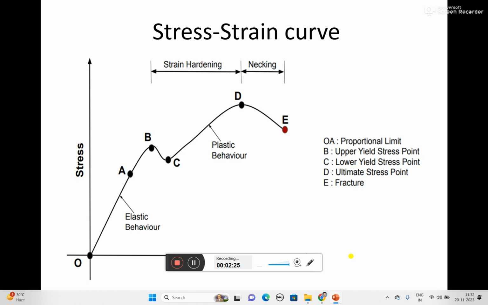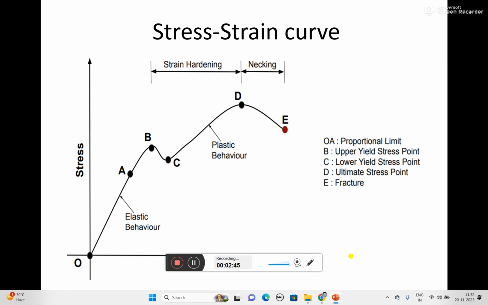Whenever a component, whether a designed product or one in working condition, has some load or external force acting on it, we use the stress strain curve.